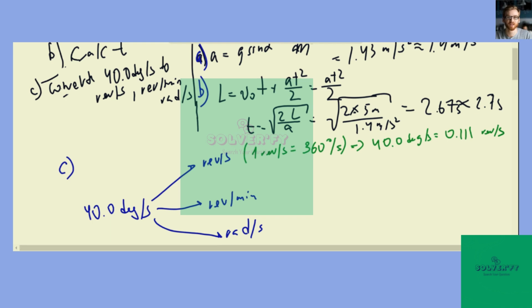So therefore, it equals 6.67 revolutions per minute. And lastly, we have to convert it to radians per second.